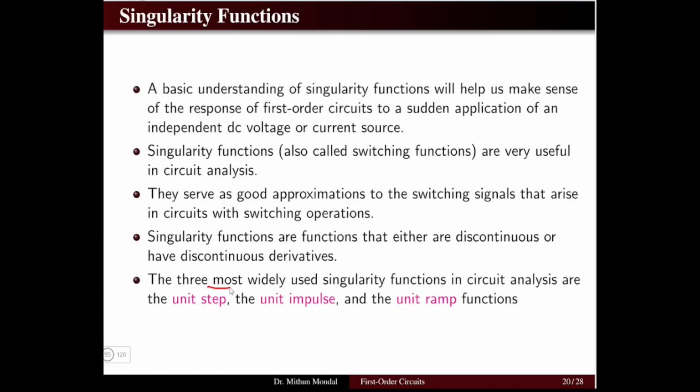The three most widely used singularity functions in circuit analysis that we are going to cover are the unit step function, unit impulse function, and unit ramp function. These are the three most useful mathematical equations for the sources.